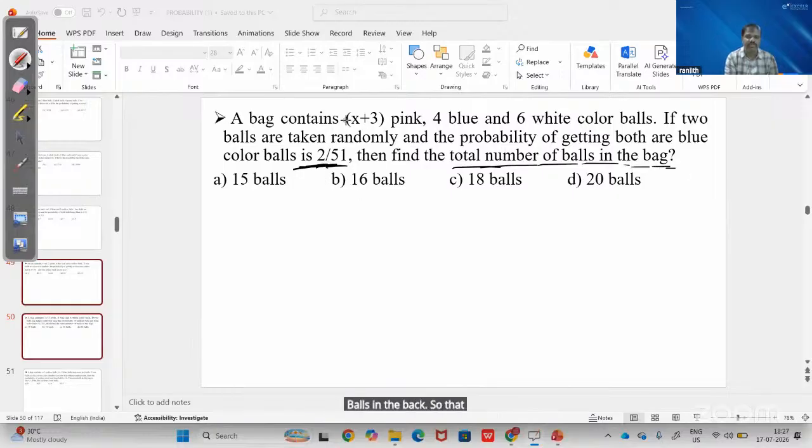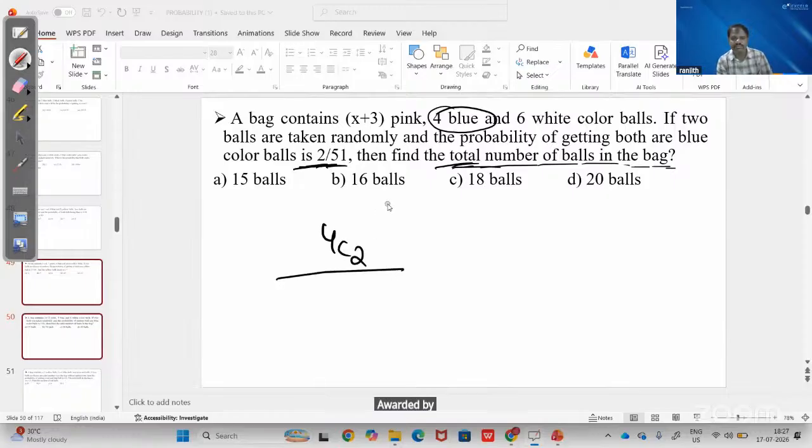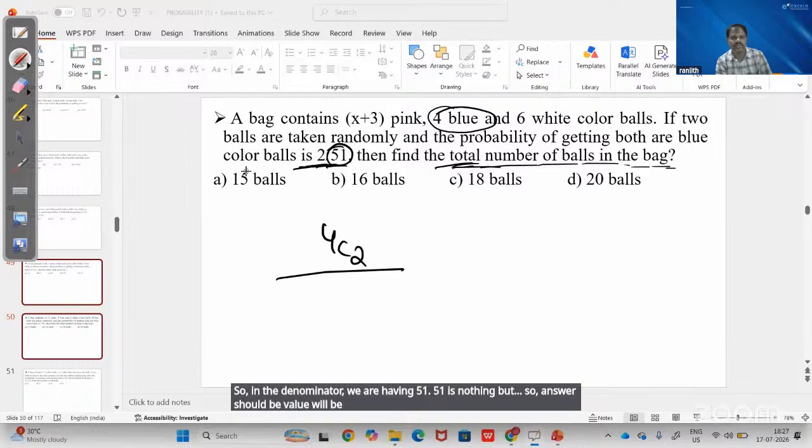So that will be equal to X plus 3 pink and 4 plus 6. So the total will be in the denominator. Total 2 balls are drawn, both being blue. So that will be equal to 4C2 divided by. In the denominator we are having 51. 51 is nothing but, so the value can't be 15.